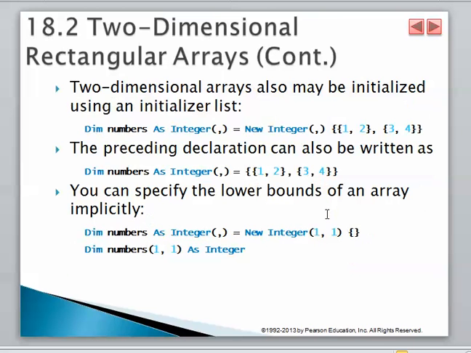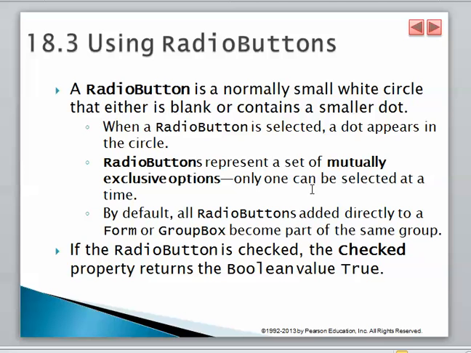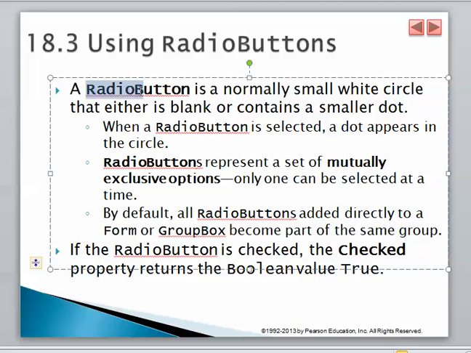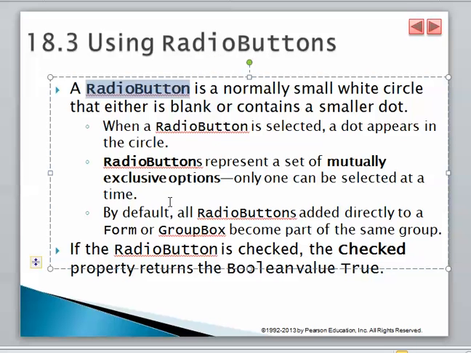We are going to work in the next tutorial with the example that they have in this chapter 18 to store multiple information about the grades for some students. In that exercise, we're also going to introduce another control for Visual Basic, that is the radio button.